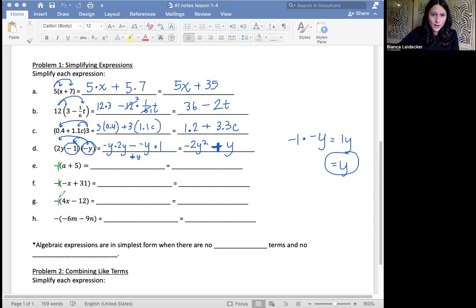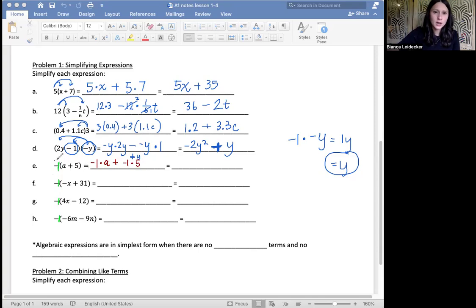I'm going to put that 1 in with all these negatives so that when I look at these problems, and I'm going to do them in a different color, it is negative 1 times a plus negative 1 times 5.